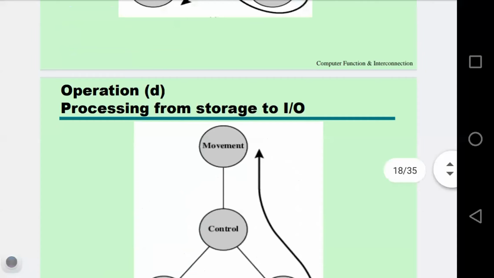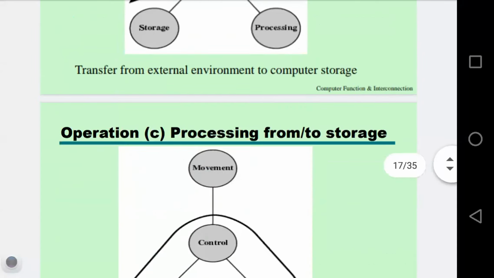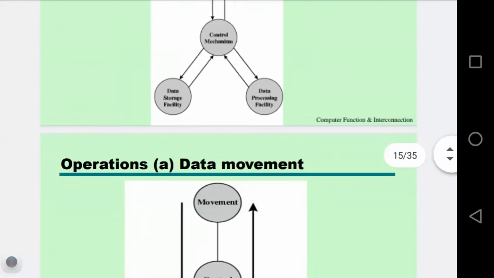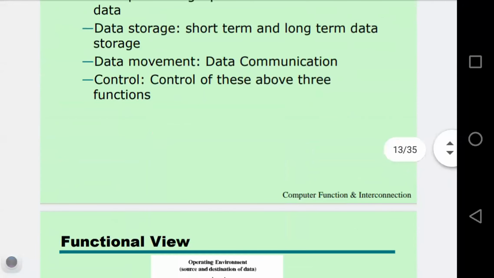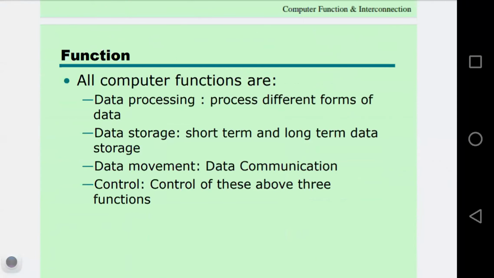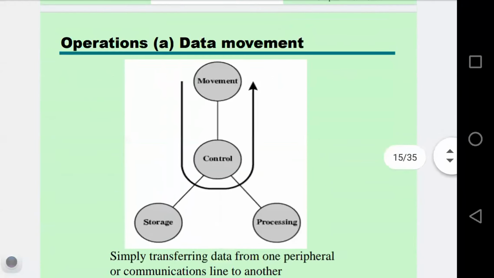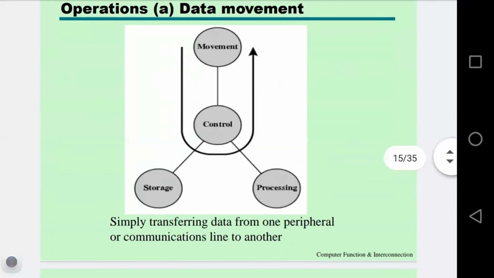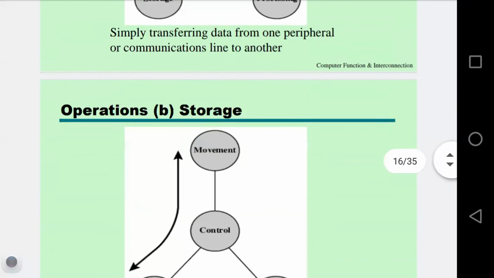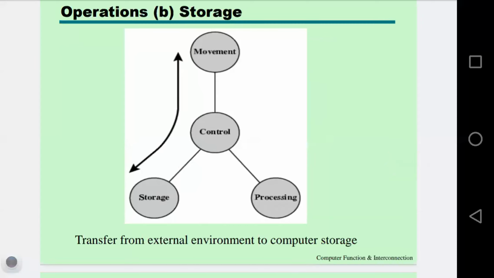So we have discussed four types of operation in a function: data processing, data storage, data movement, and control. You could see here how data moves from one peripheral to another, and data storage is there.